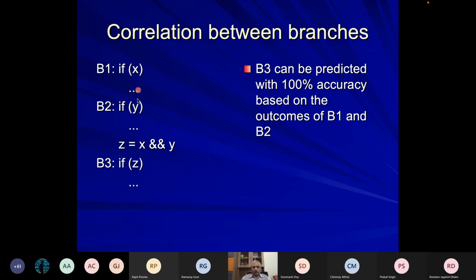If x was 0, y was 0, then there is one FSM for z for this branch. If this was 0, 1, there is another FSM. If it is 1, 0, another one. So we have four different FSMs which will help us in predicting. That means depending upon which route we came to this point, we look at a different FSM which corresponds to previous occurrences of the same route reaching B3.